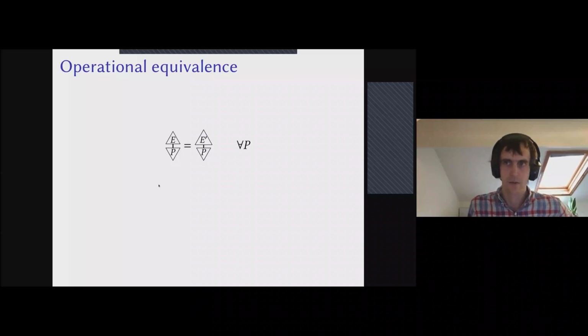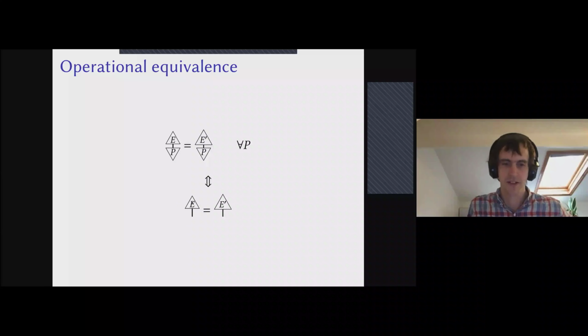And what we do is just bake this notion of operational equivalence into the pictures. So if E and E primed have this property that they give the same probability, then we just treat them as being equal. E and E primed might involve doing very different things in the laboratory, but if they give the same statistics for all preparations, then for the purposes of these pictures that I draw, they're the same thing.